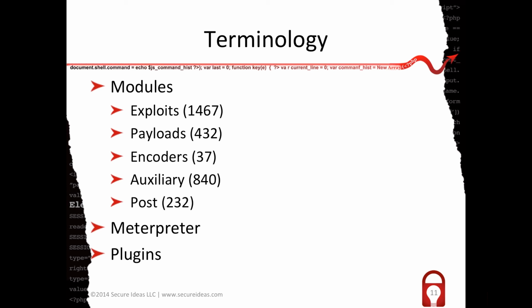Auxiliary modules, these are non-exploitative modules. We'll look at some examples of these here in a little bit, but basically these are going to be scanners that look for certain types of systems or certain ports available on a network. These might be discovery type modules that basically scan a certain system and look for certain details. There's a wide range of those. The post modules are primarily information gathering.